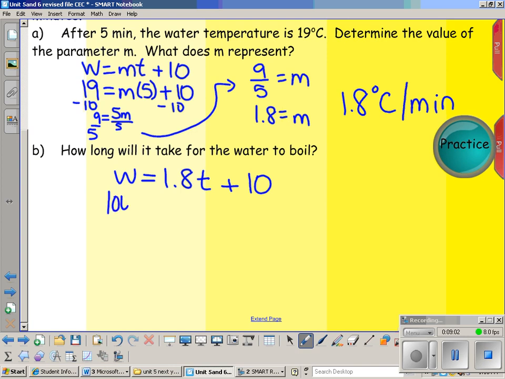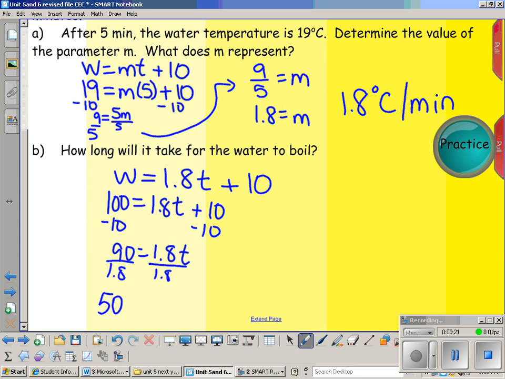So 100 equals 1.8 t plus 10. Subtract 10 from both sides. So we have 90 equals 1.8 t. Divide 90 by 1.8. And we'll get 50 equals t. So it's going to take 50 minutes for the water to boil.